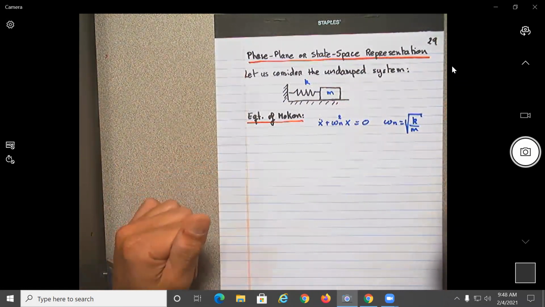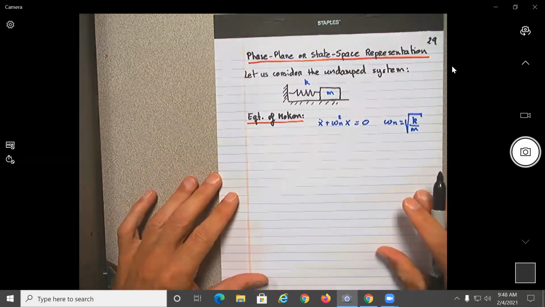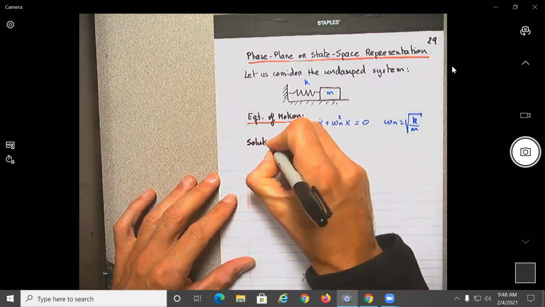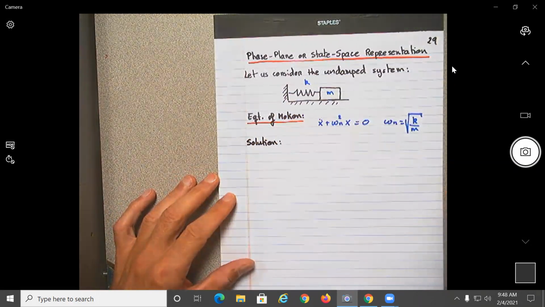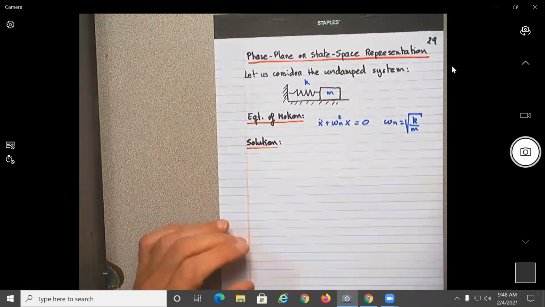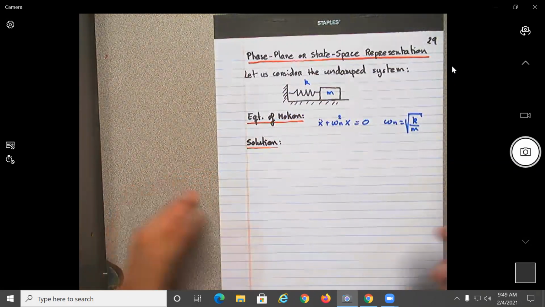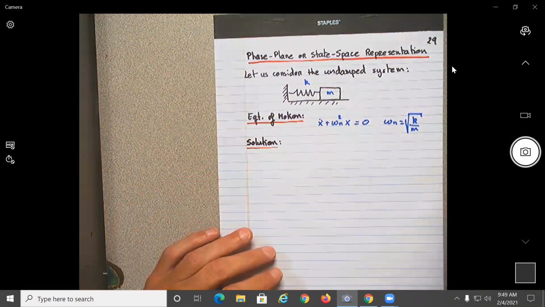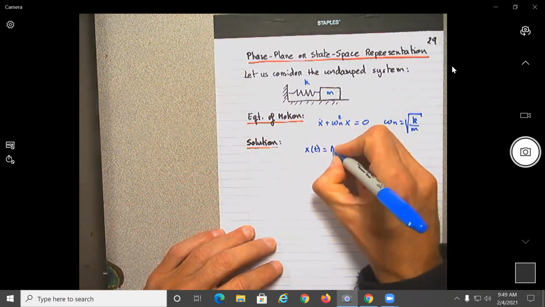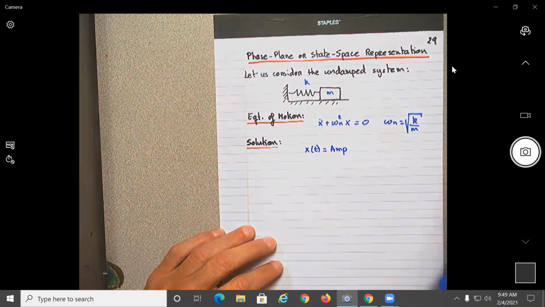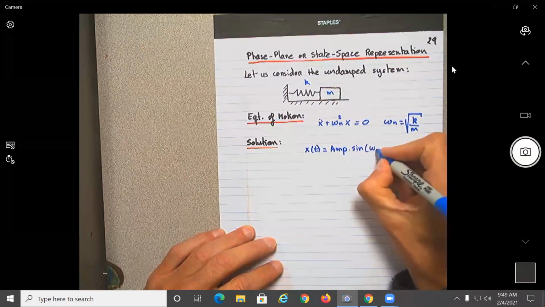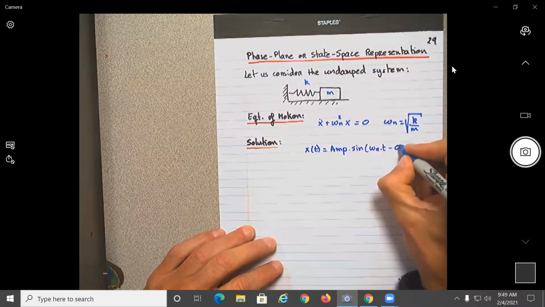Okay, so we did that in the last class. The solution of this equation can be written in the form x of t equal to the amplitude times sine of omega n t minus a phase angle phi.